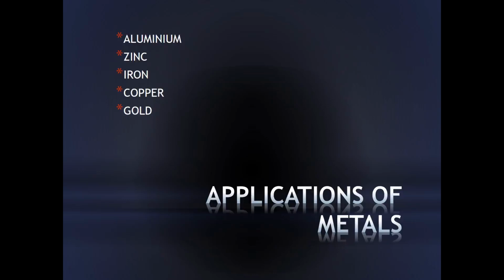Study it thoroughly. It is an important question and it will come for 5 marks. This is your study homework: applications of aluminium, zinc, iron, copper, and gold. Study it thoroughly, and you can make one-word questions from this topic also.